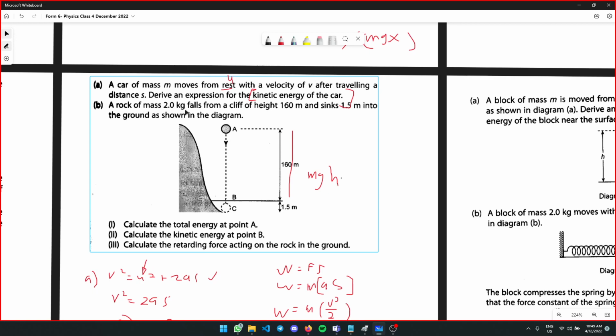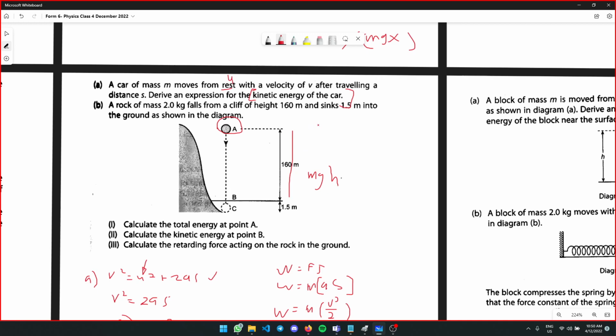A rock of mass 2 kg falls from a cliff of height 160 and sinks 1.5 into the ground, as shown in the diagram. The first question they ask is, calculate the total energy at point A. Let us assume point A is where it starts. It did not move before this. So when something starts, does it have any kinetic energy?